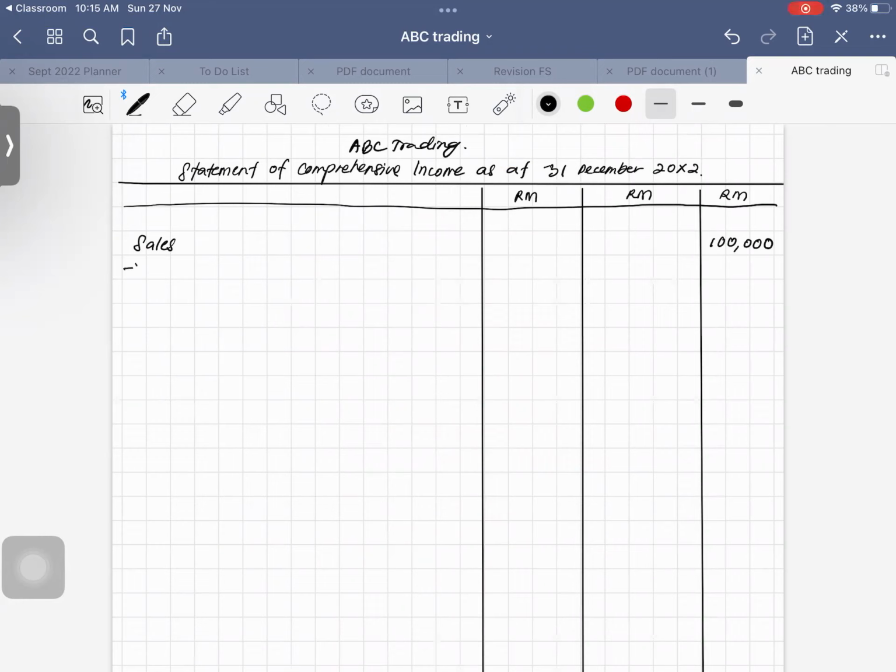Okay. Laju sikit lah sebab kita dah buat kan. Kita nak tengok macam mana buat SOCI je. Ini boleh laju sikit. Sales tolak sales return, tolak juga discount allowed. Where do you find your figure? It's in the trial balance. Sales return, discount allowed. Okay, tengok.